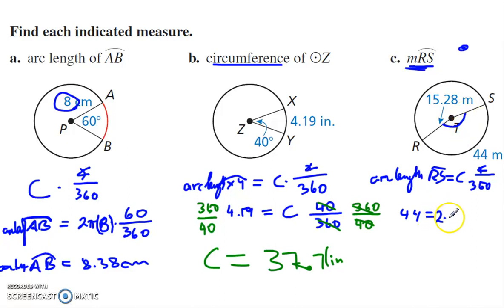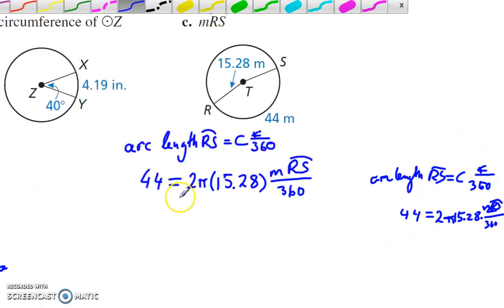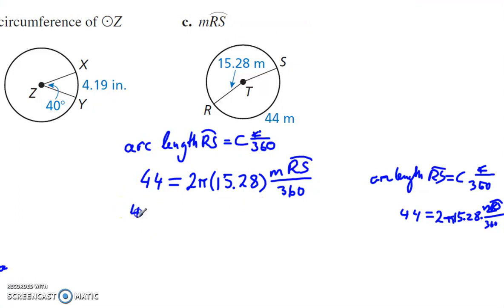That's 2 times pi times 15.28 times, and now we're looking for this angle right here. So that's the measure of arc RS over 360. Okay, I will rewrite this. There we go, that's a little bit better. Now, divide by 2 pi times 15.28.